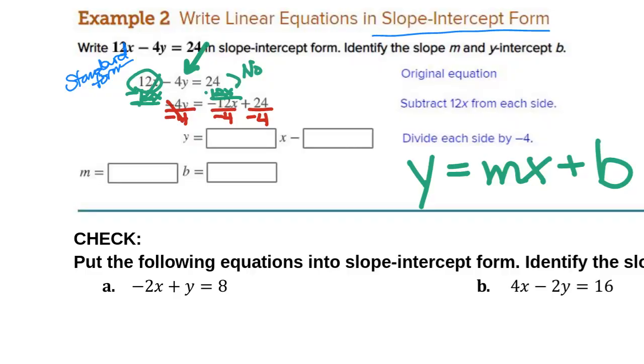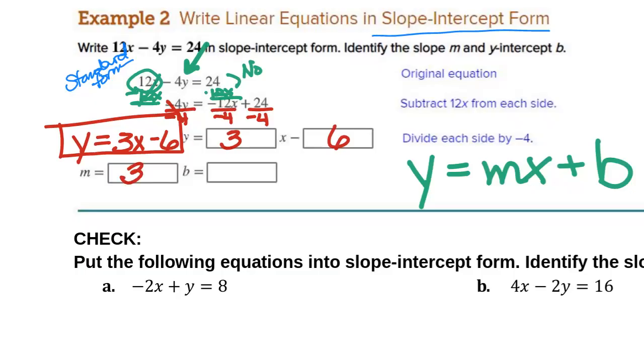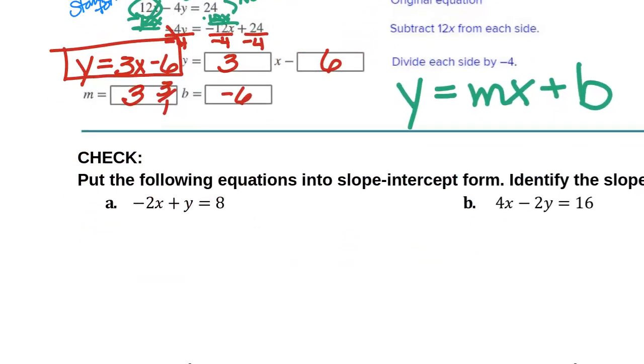Negative 12 divided by negative 4 is 3 times x, and 24 divided by negative 4 is negative 6. And I don't like how it's written out like that, so I just rewrite it over here. Y equals 3x minus 6. Slope-intercept form. So what is my slope? 3, or you can say 3 over 1, and my intercept is negative 6.